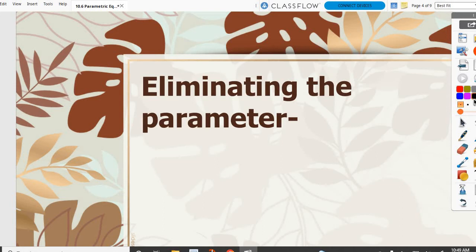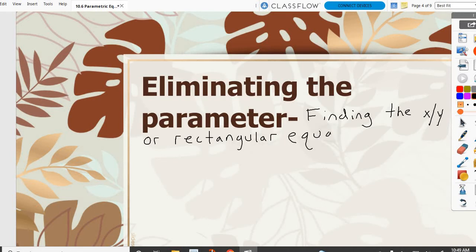So eliminating the parameter is finding the x, y, or rectangular equation with the same graph. Why is it called a rectangular equation?